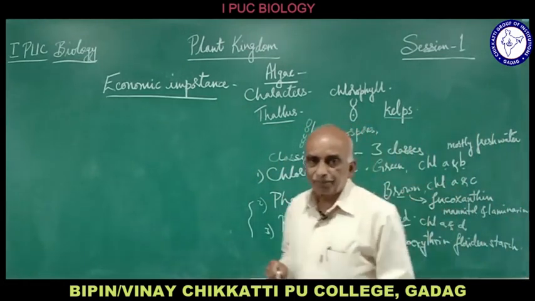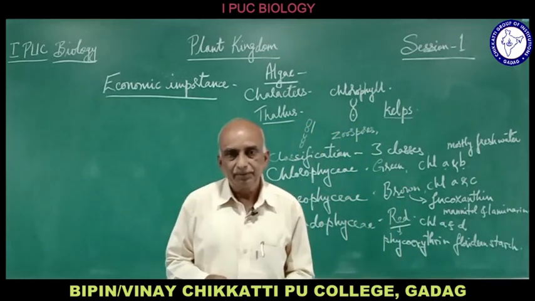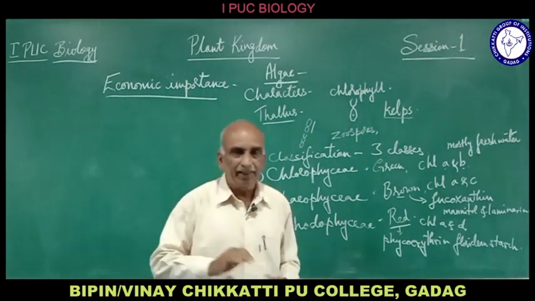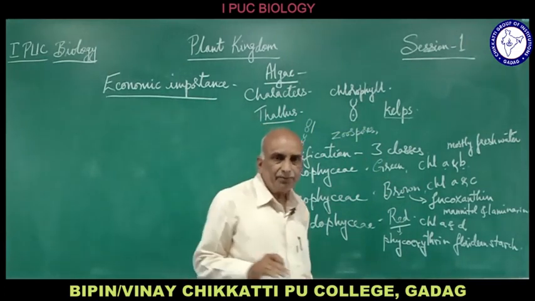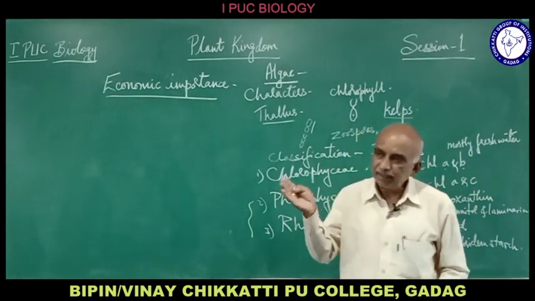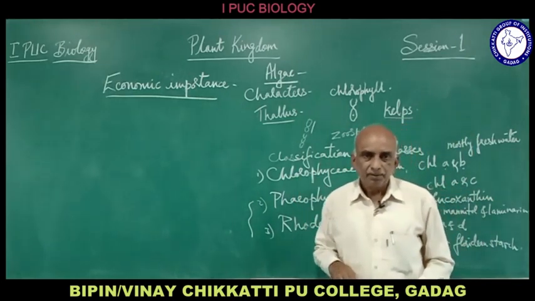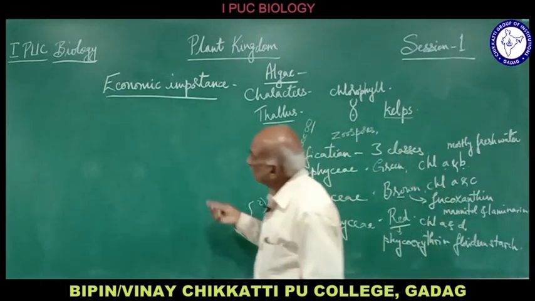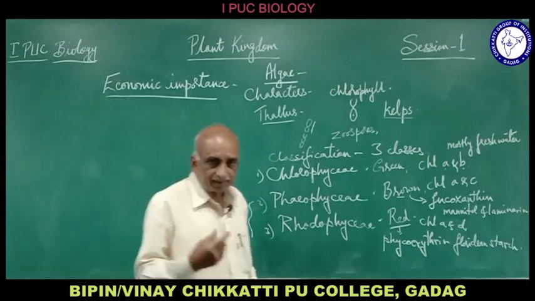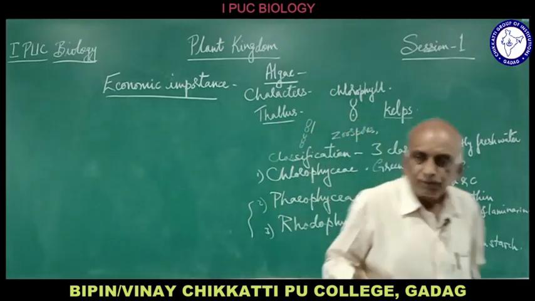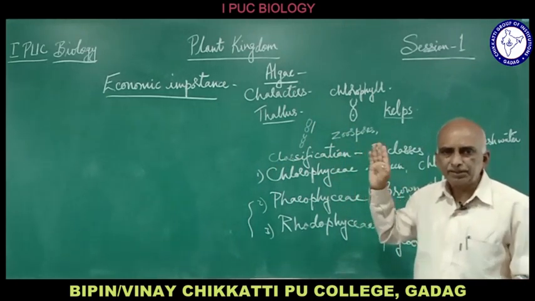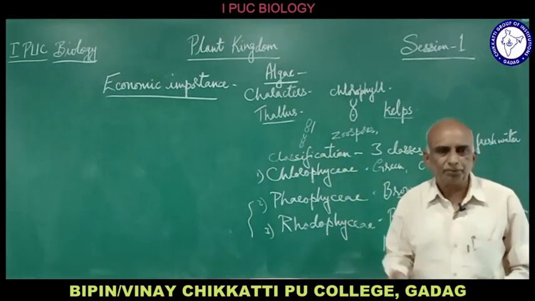more than 50% of the contribution of oxygen to the atmosphere is by algae. Generally when we say that oxygen is released by plants during photosynthesis, plants means algae, bryophytes, pteridophytes, gymnosperms, angiosperms, all are groups of plants.